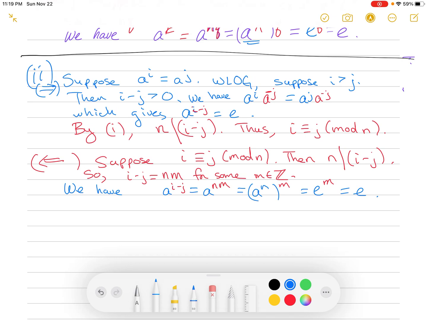Now we're going to multiply on the right both sides of this equation. So it follows that I'm taking this equation, a to the i minus j equals the identity, and we're going to star on the right by a to the j, just the ordinary j, not minus j.